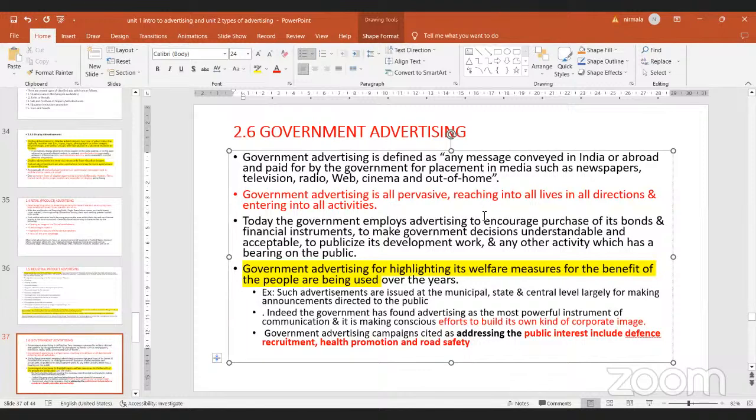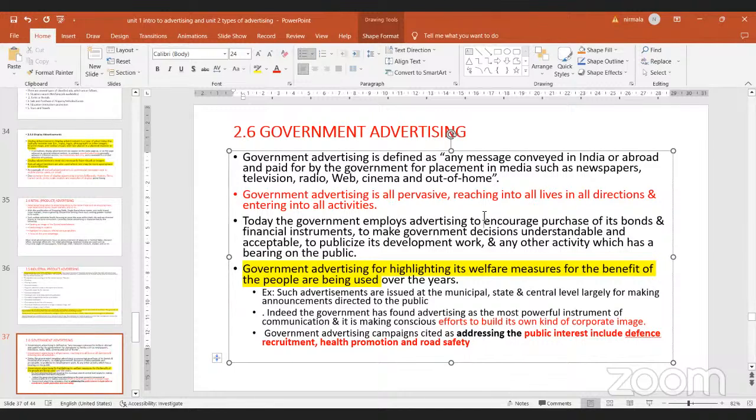Government advertising is done generally to highlight the welfare schemes which are launched for the benefit of the common public, what they have done for the public over the years, to change the perceptions, or to gain positive public opinion among the members.